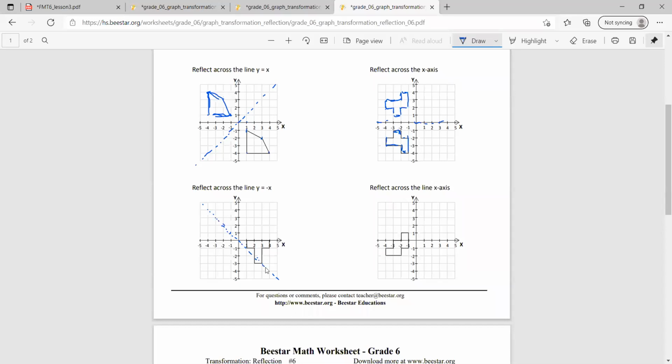Right. So this point would just stay on the line because it's already there. And then this point would reflect over here. And then this point would reflect over here. So it's just straight across, okay?